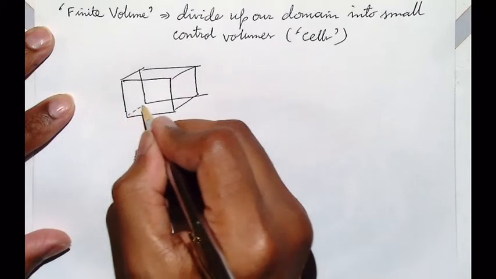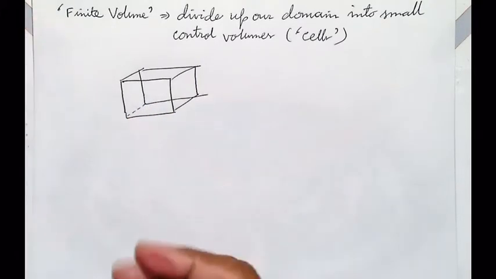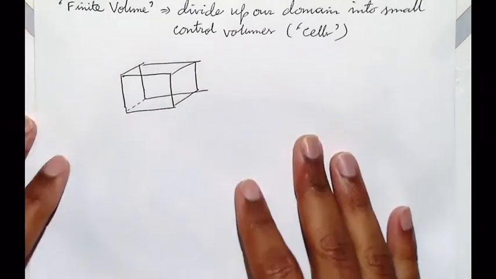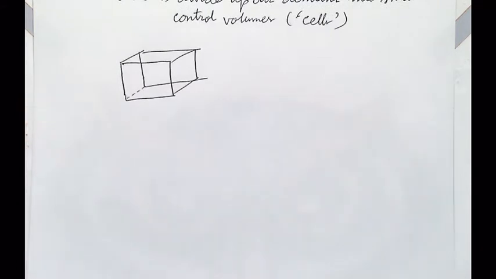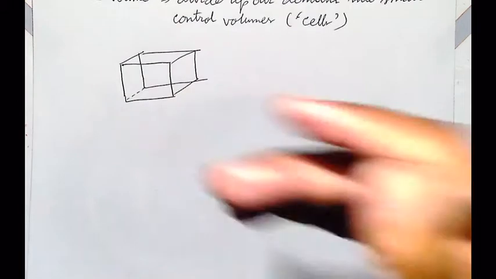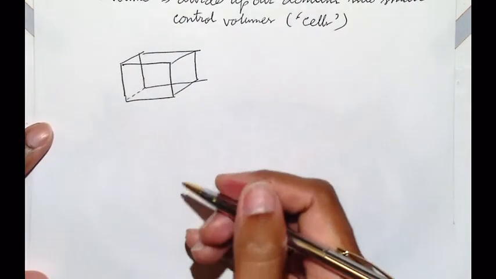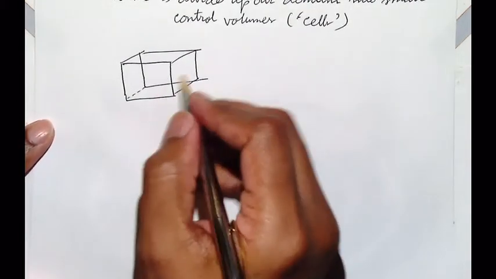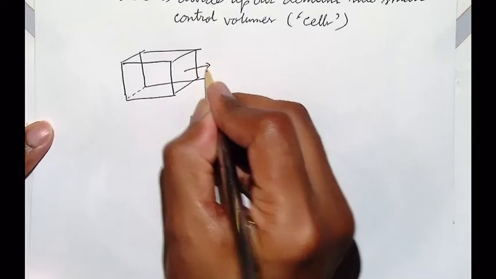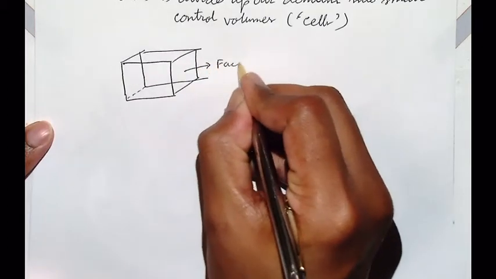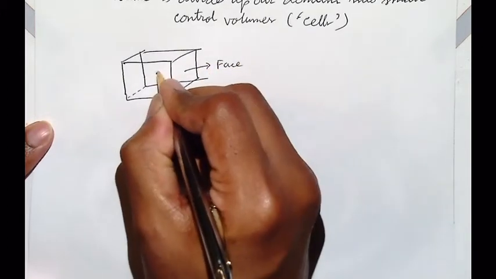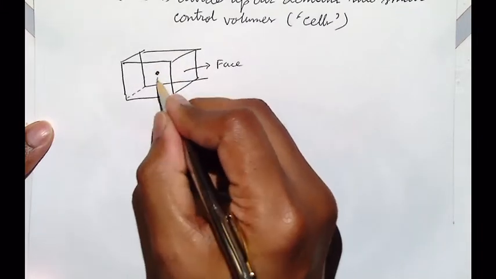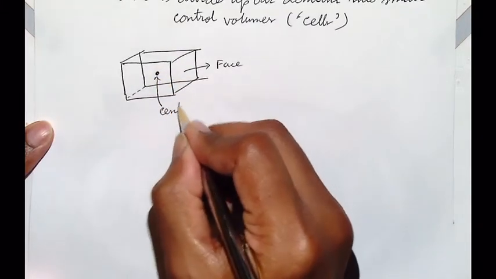If you think about a real problem, if you are simulating flow in this room, you divide the room up into small, let's say, cubic cells, where now we have cell faces and we have a cell center. Okay.